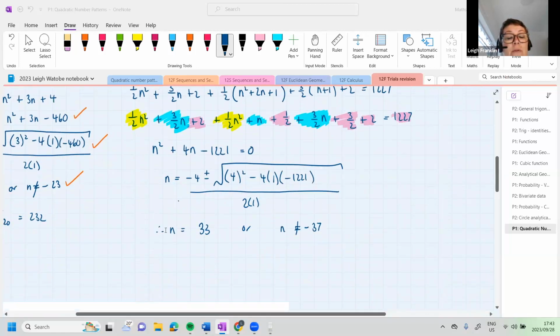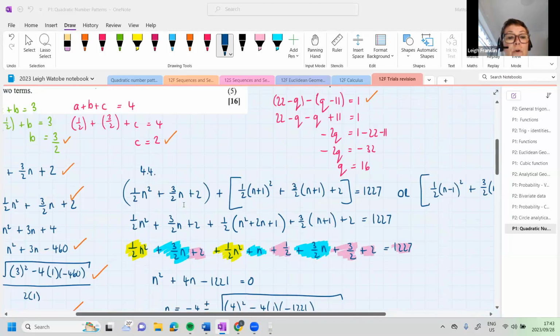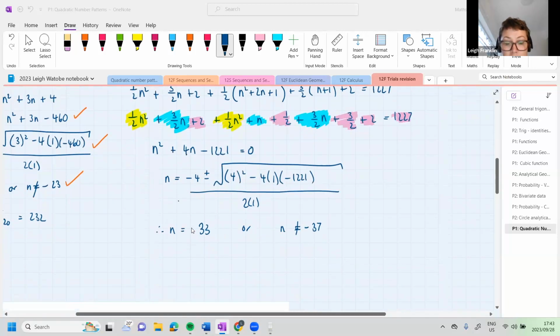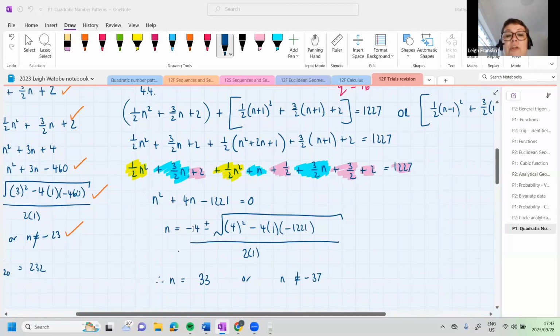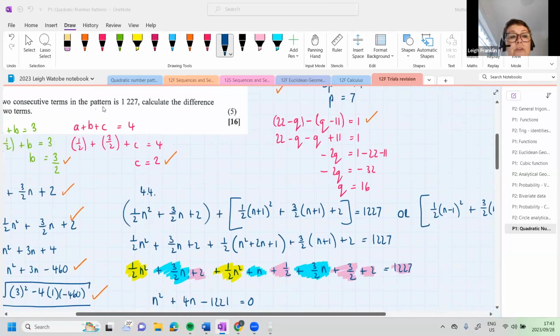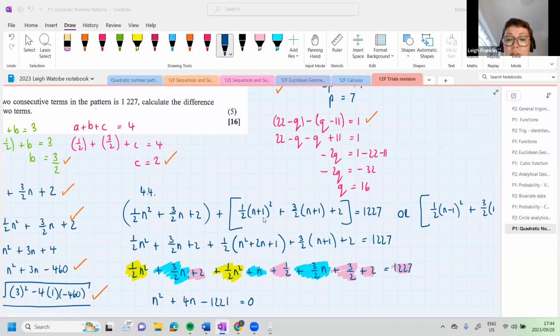Okay, so in other words, we have found the position of the first consecutive term. It is in position 33 in our pattern, right? The next consecutive term is going to be in position 34. Does that make sense? Because we had n and n plus 1.